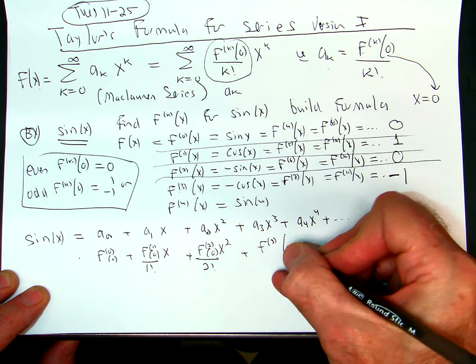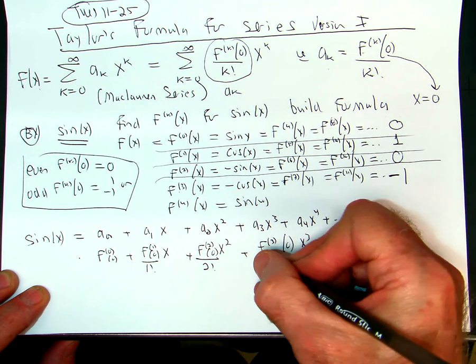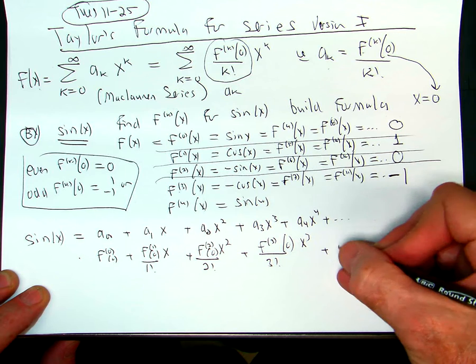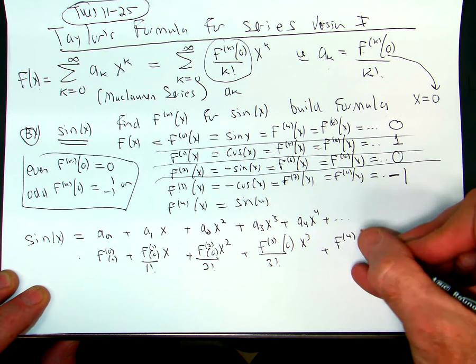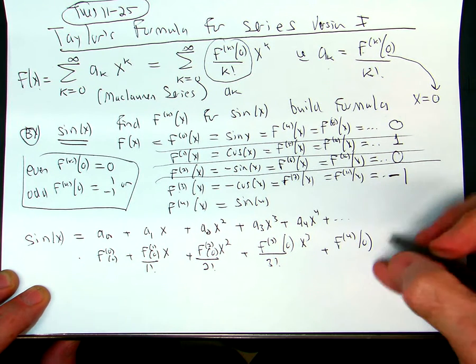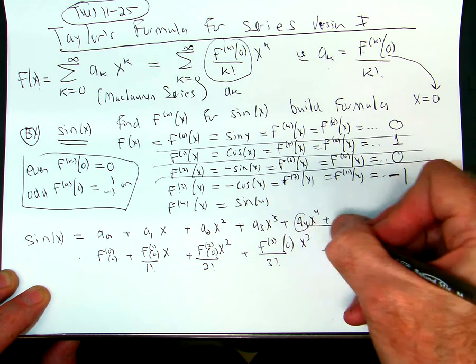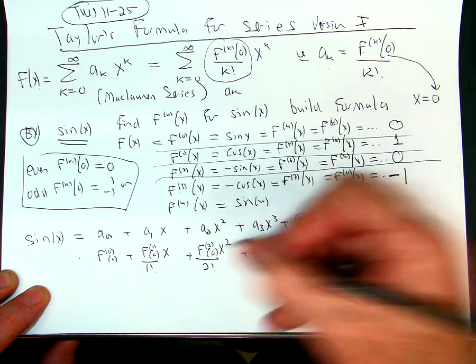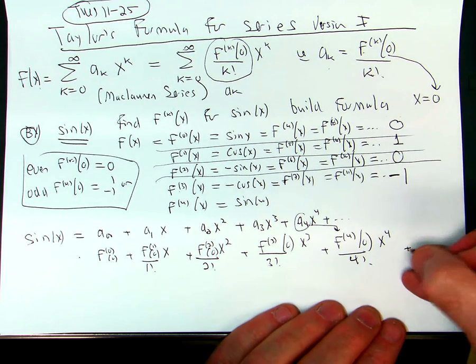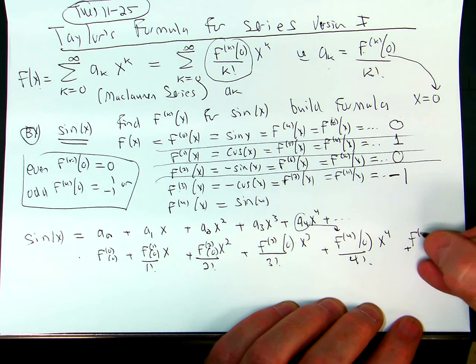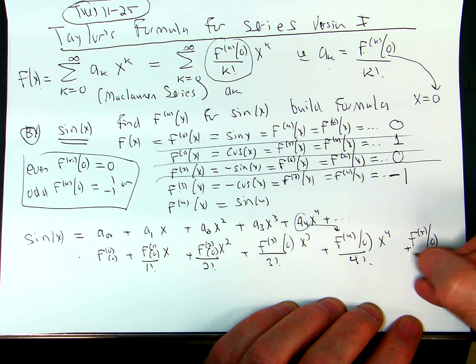Third derivative at 0, and I'll do a couple more. a4 is going to be equal to this. This is a3, that's a4, a3, a2, and then this pattern's going to continue. I'll do one more, just so you get the pattern.